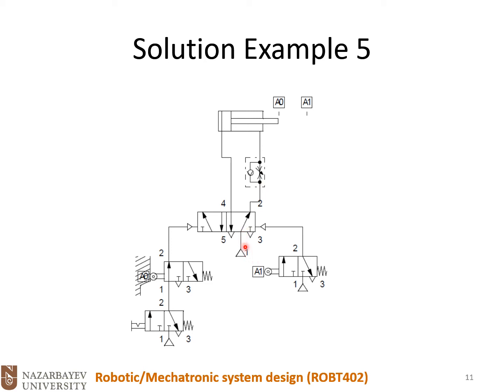For the forward motion, when we pressurize this line here, we don't have any restriction on this line. However, we have this check valve here, and the air has to go through the throttle, so we can limit the forward motion.